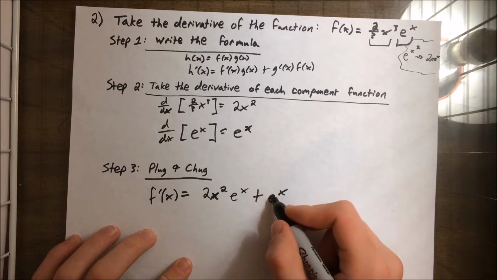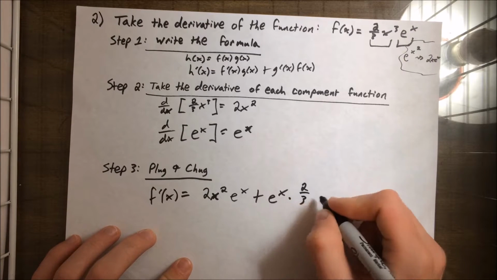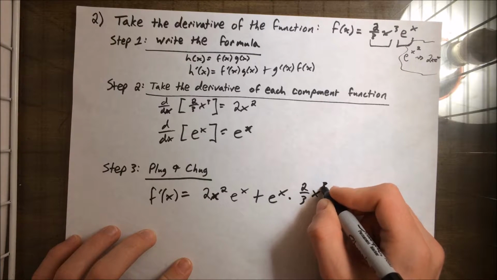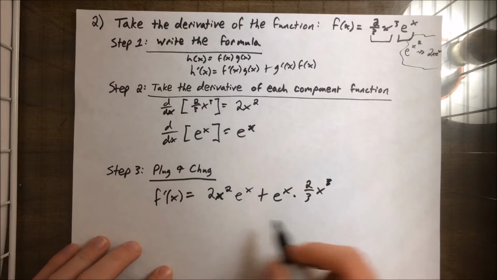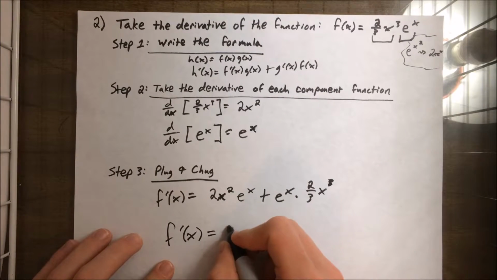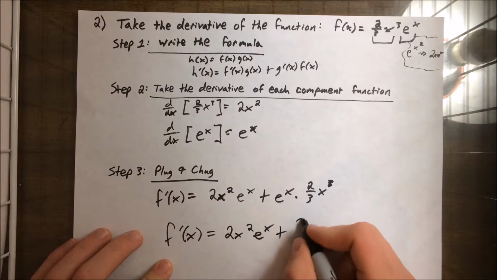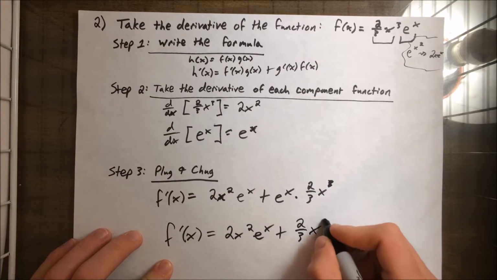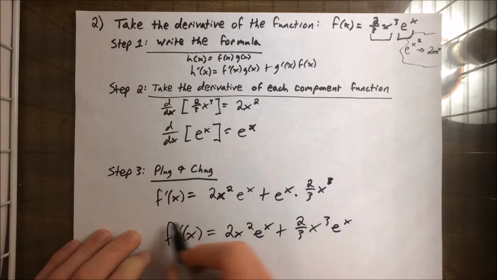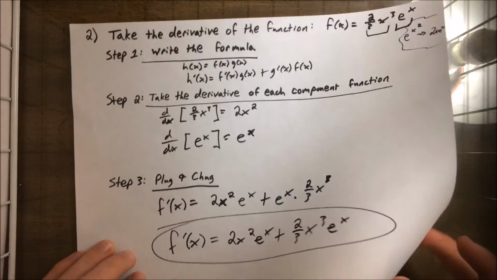So that would be e to the x times 2/3 x cubed. So let's go ahead and rewrite that as f prime of x is equal to 2x squared e to the x plus 2/3 x cubed e to the x. That's your final answer. Alright, let's look at one last example.